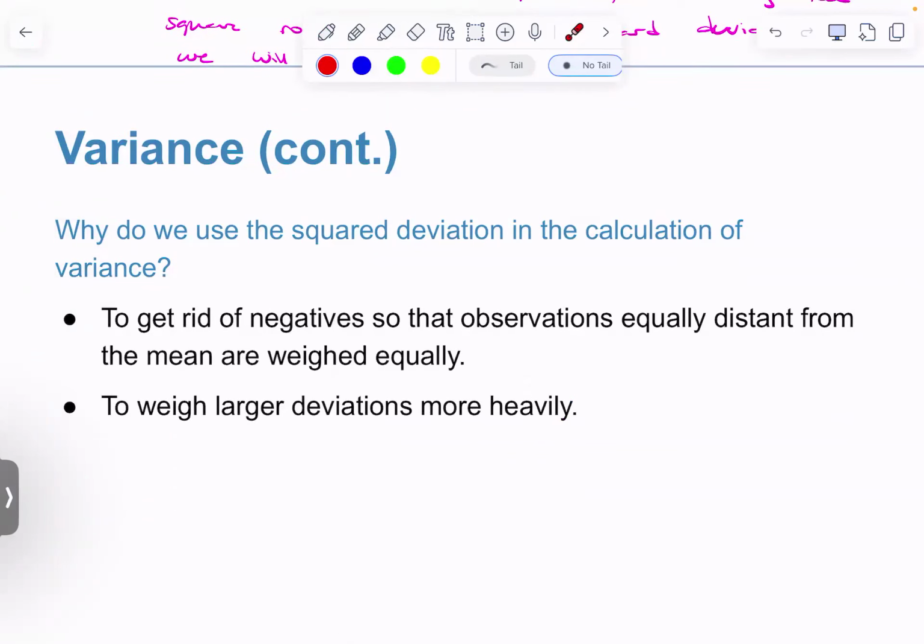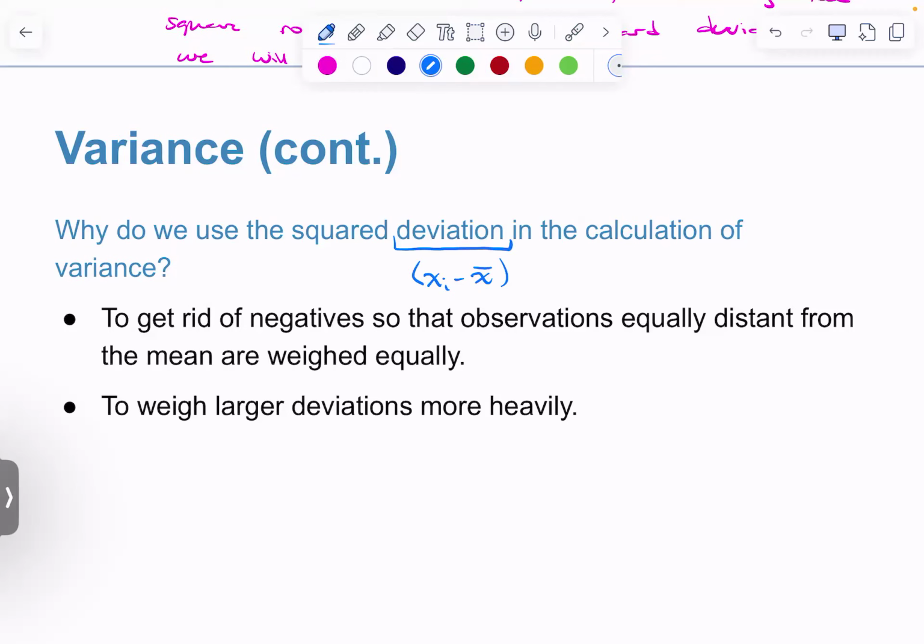Okay. But let's talk about why we use the squared deviation. So here, your deviation, remember, is xi minus x bar. And if you don't like the i, it's okay, you can just ignore it. I just wouldn't be proper if I didn't put it on there.